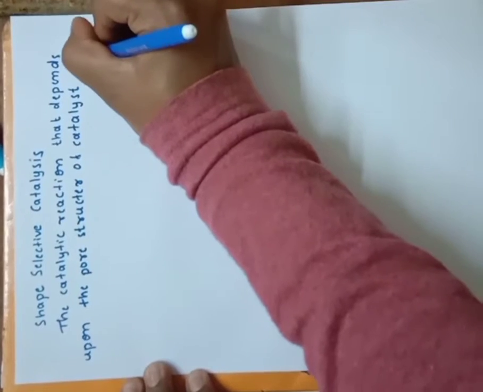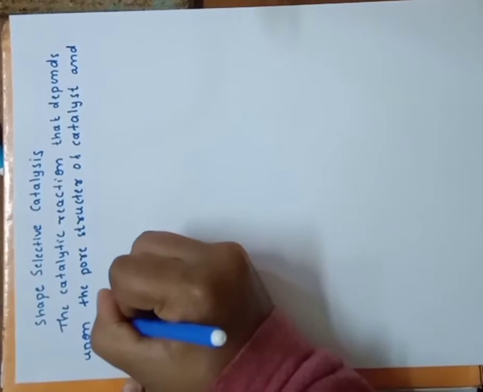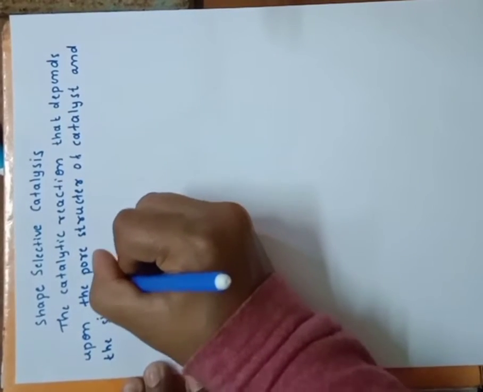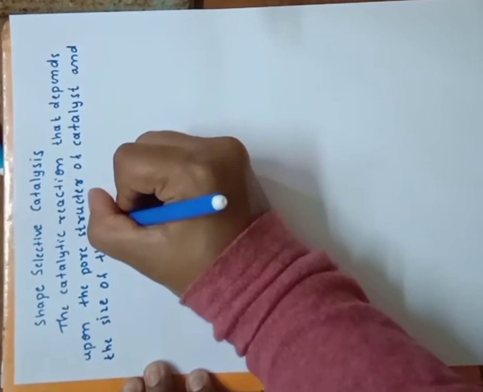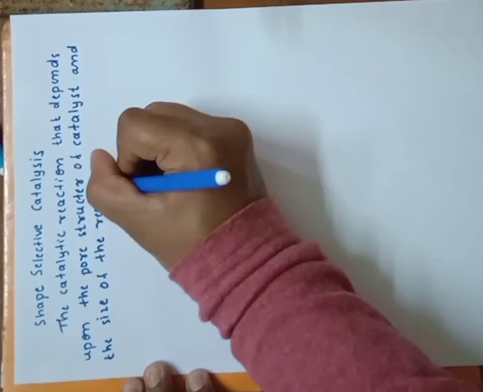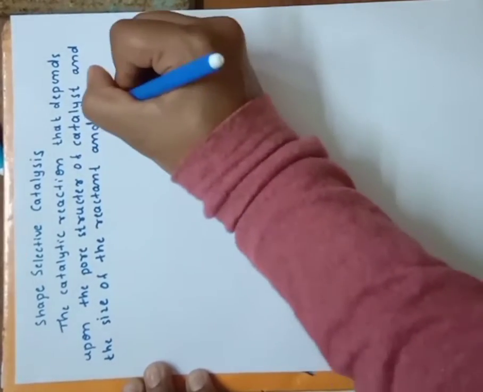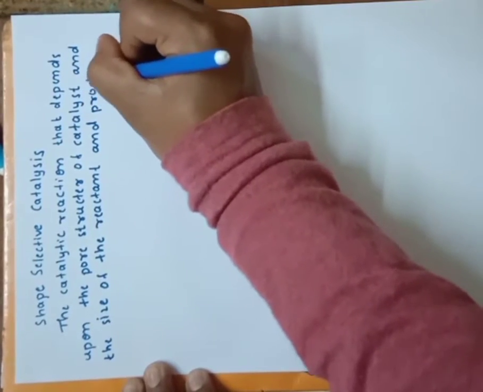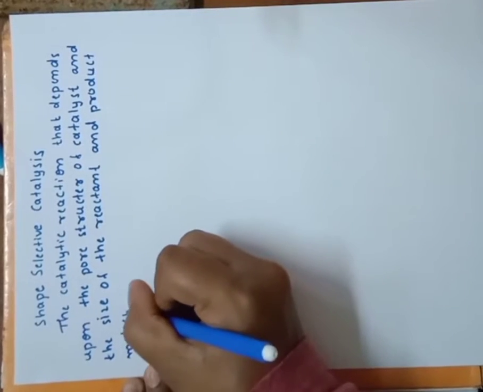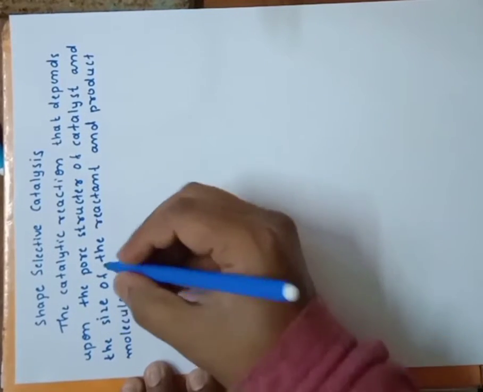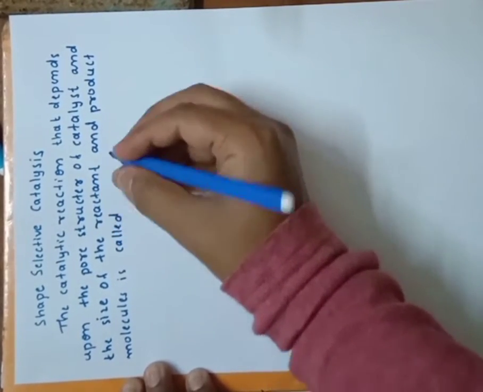And the size of the reactant and product molecules is called shape selective catalysis.